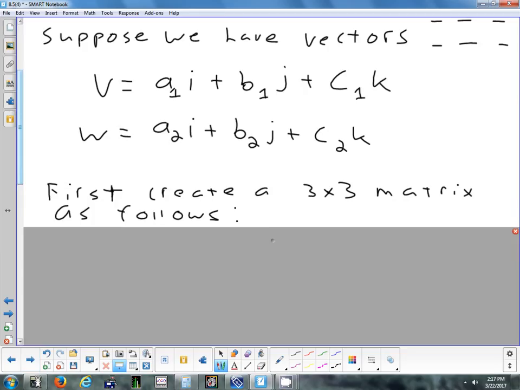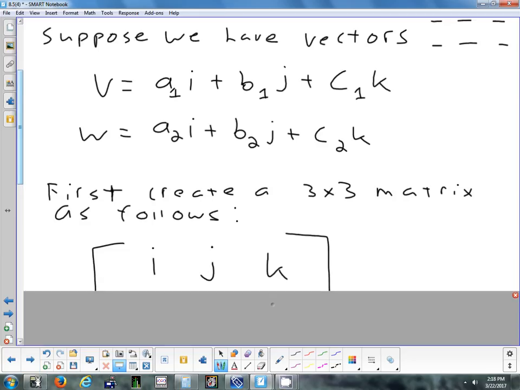The first step to finding a cross product is to create a 3 by 3 matrix. That means 3 rows by 3 columns, exactly what I just drew up above. In the 3 by 3 matrix, row 1 is going to be exactly what I wrote right here, and that's the same in every problem. You just put an i, a j, and a k.